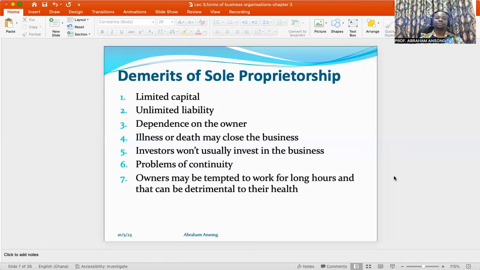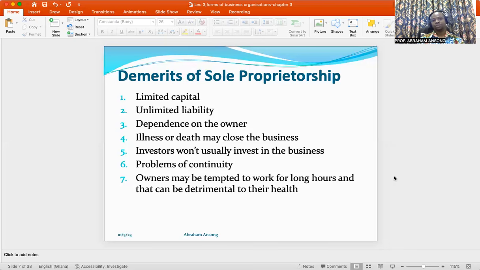As I explained much earlier also, sole proprietorships, because of the limited capital, tend to be smaller size companies. They don't normally have assets that can be used as collateral to get funds from financial institutions. Financial institutions are skeptical about giving loans to sole proprietors because, as we will see much later, the security associated with that is quite low.